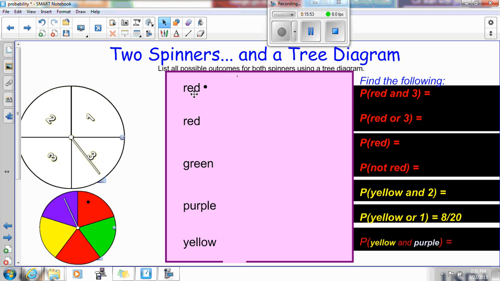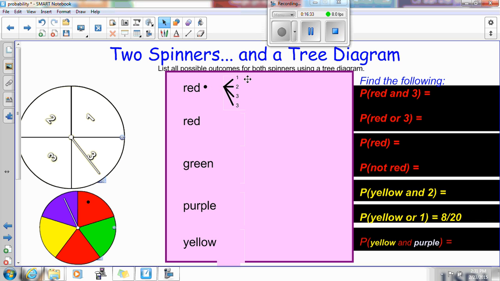But now if the first spinner lands on this red with a dot, the top spinner could land on a 1, or it could land on a 2, or it could land on a 3, or it could land on a 3. There's no guarantee which one, just because it lands on red down here, it still could land on any one of these. So my options are red and a 1, red and a 2, red and a 3, or red and a 3.